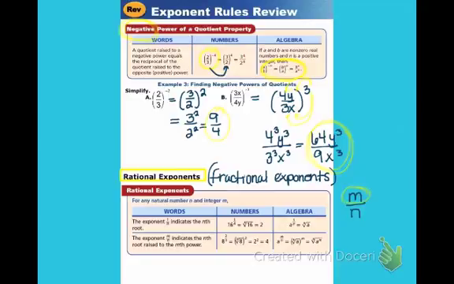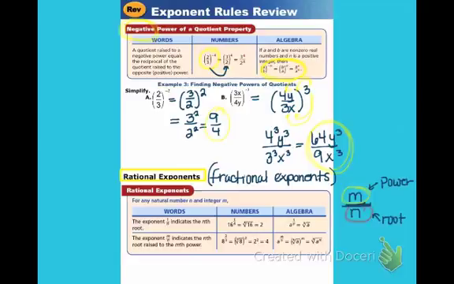They had different roles. So the numerator actually told us to raise the base to a power, and the denominator actually told us to take a certain root, like a square root, a cube root, or whatever. So a fractional exponent actually is commanding us to do two different things. It's telling us to raise the base to the power and take the root.